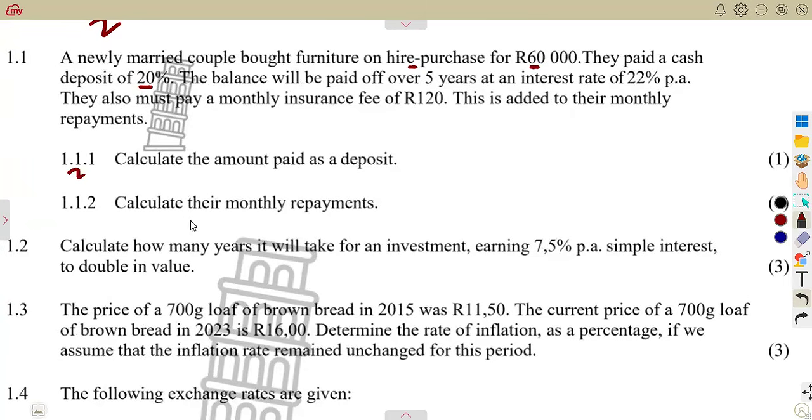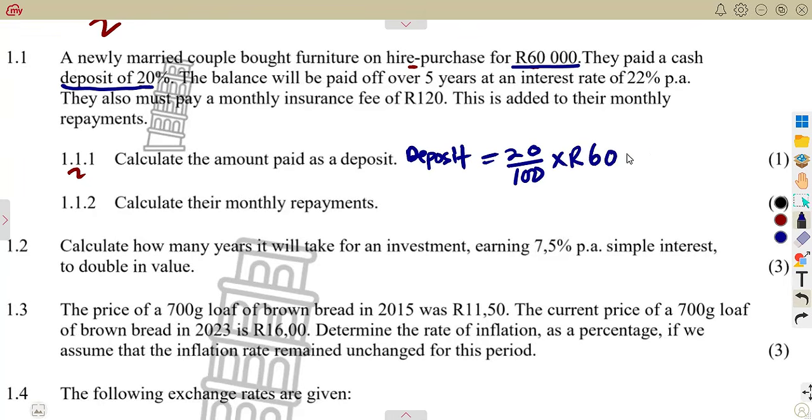So the question was straightforward on 1.1.1: to calculate the amount paid as a deposit. The deposit is 20% of this amount. So you can calculate your deposit, which is simply 20% of 60,000.